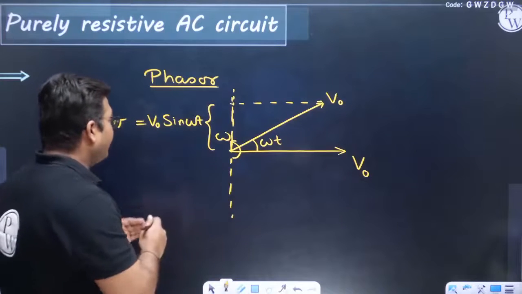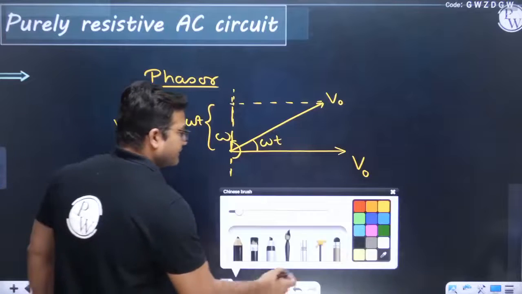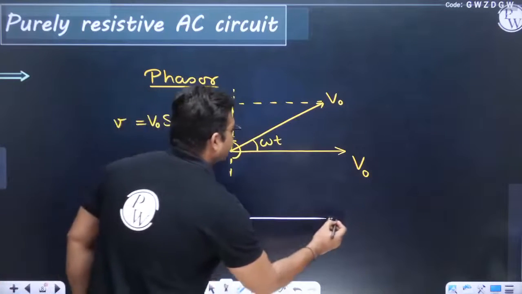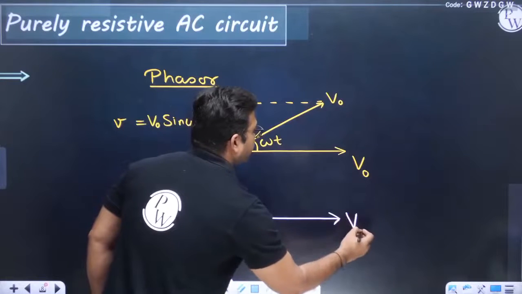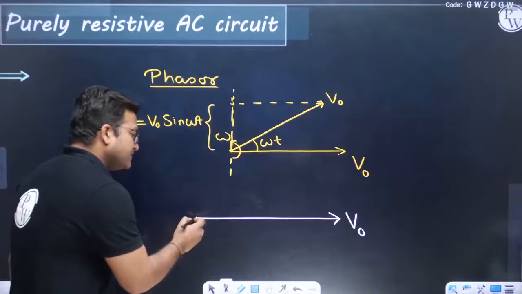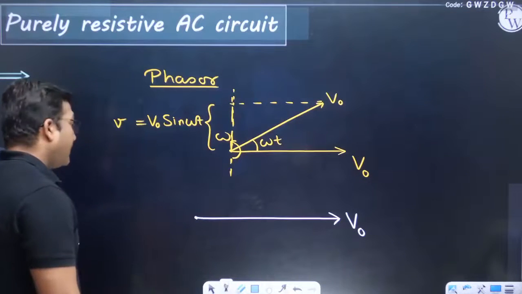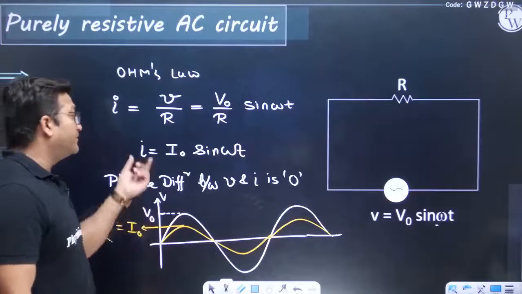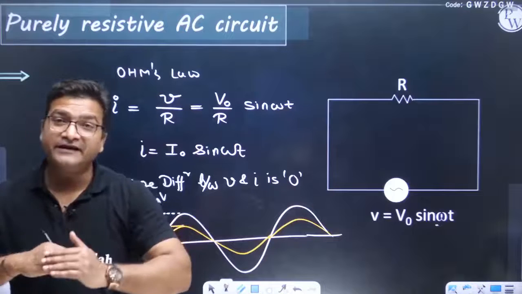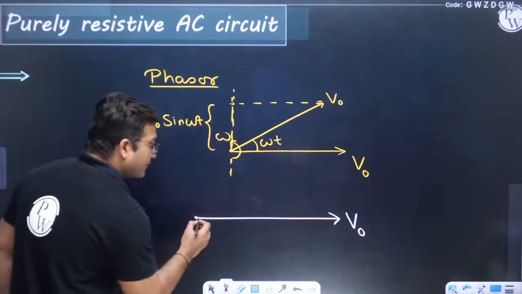If we have to draw current and voltage together, the phasor of voltage would look something like this, V naught. Please imagine this as a rotating vector, and as there is no phase difference between current and voltage, the phase of both is the same, so the phasor of current would overlap on this.